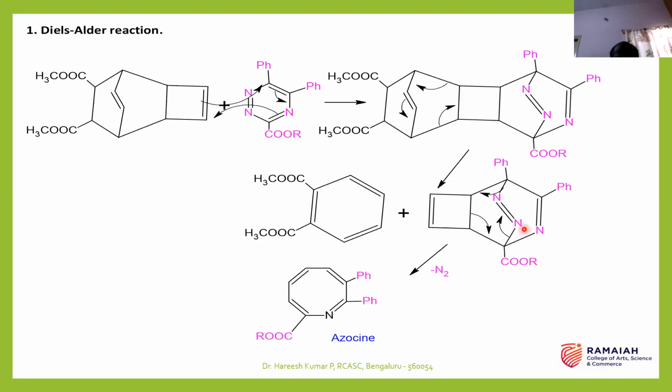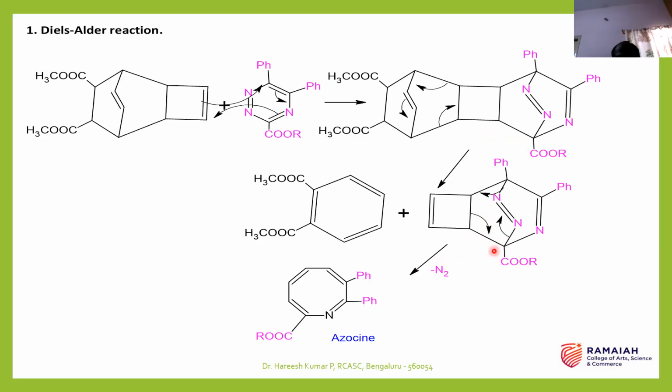Here N2 is going out as a leaving group. So this is how one can synthesize azocine starting with the bicyclic compound. When it undergoes a 4+2 cycloaddition, the product rearranges, giving rise to a bicyclic compound.